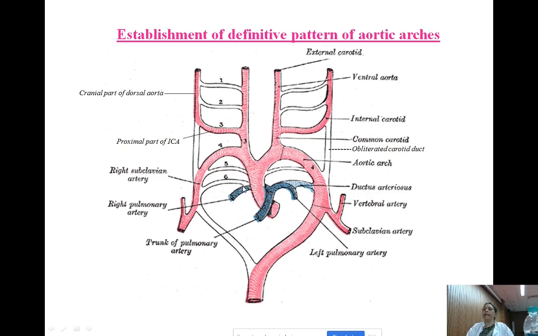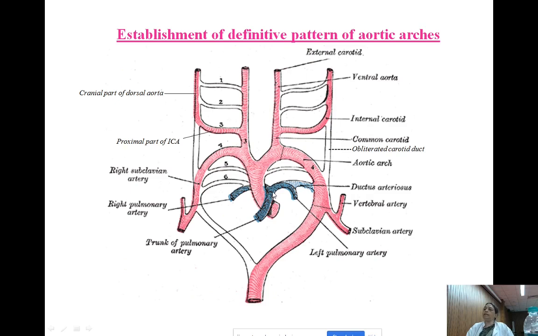On the right side, the proximal part of the sixth aortic arch persists and forms the right pulmonary artery, whereas the distal part will be obliterated and disappear.